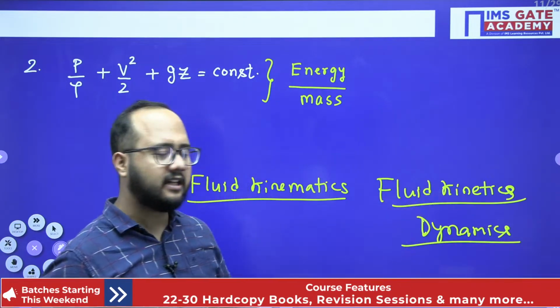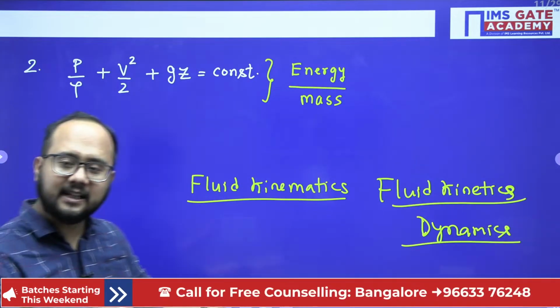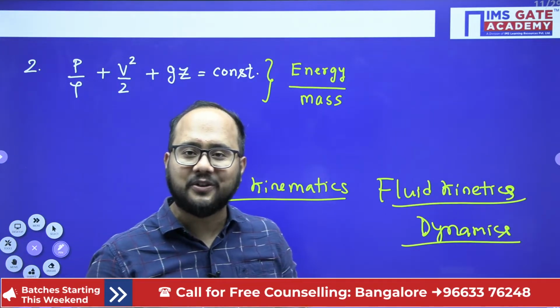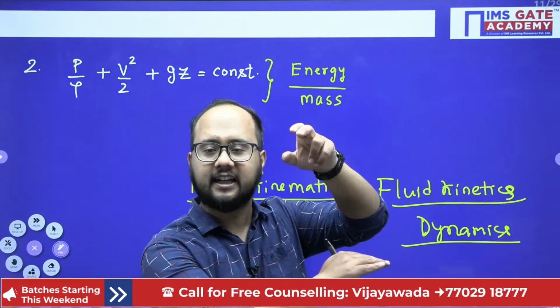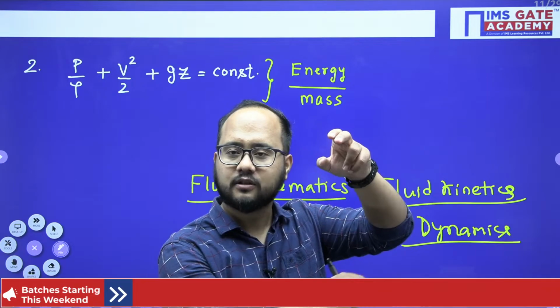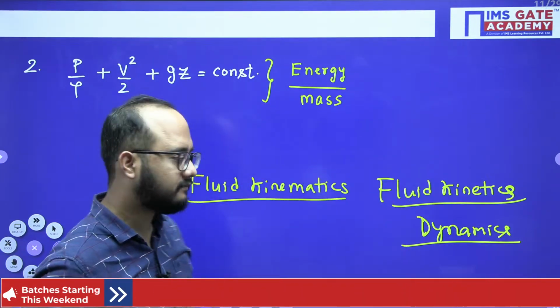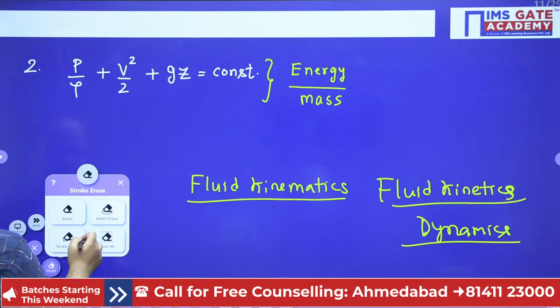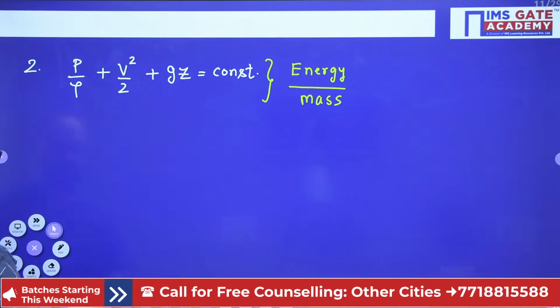Otherwise we can say kinetic and also dynamic, there is no problem about that. But as the basic understanding of engineering mechanics, you should know dynamics has two parts, kinematic and kinetic. So dynamic is the main heading under which kinematic and kinetic will come. Okay, next.